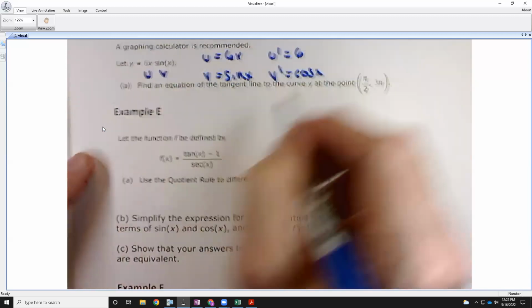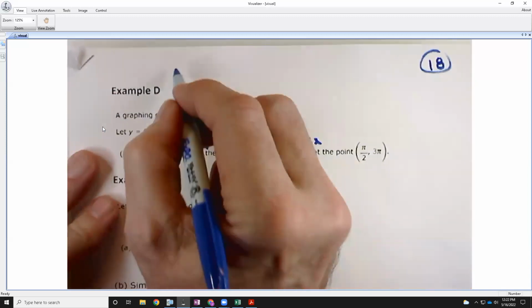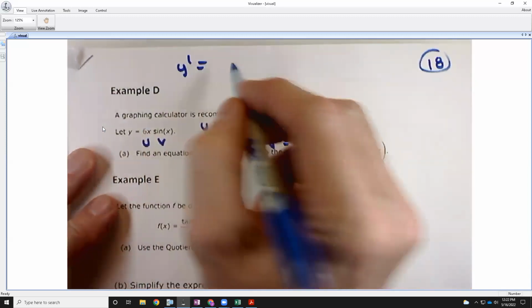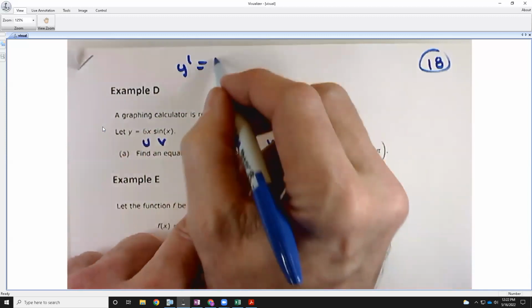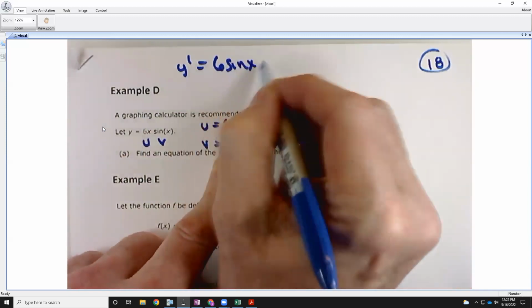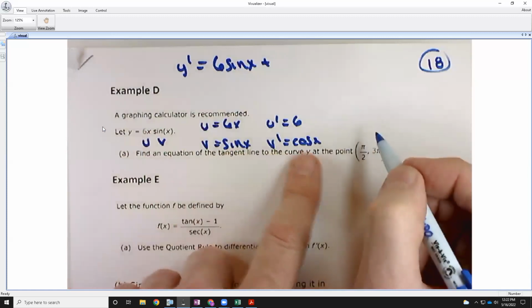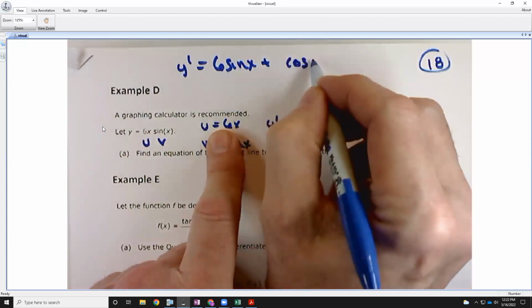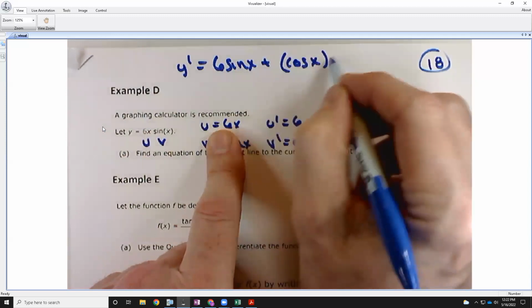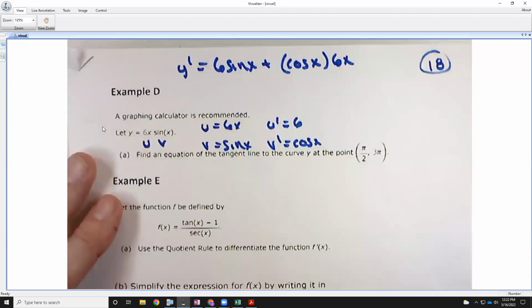So if I wanted to calculate the derivative, that's going to be y prime equals u prime times v, so 6 sine of x, plus v prime times u, plus cosine of x times 6x.